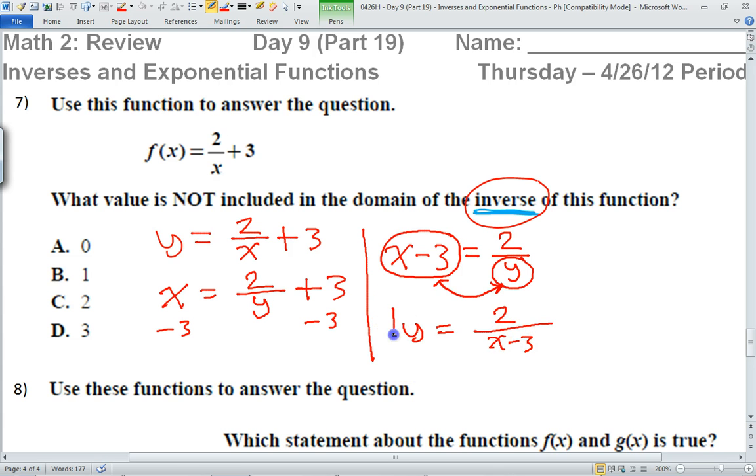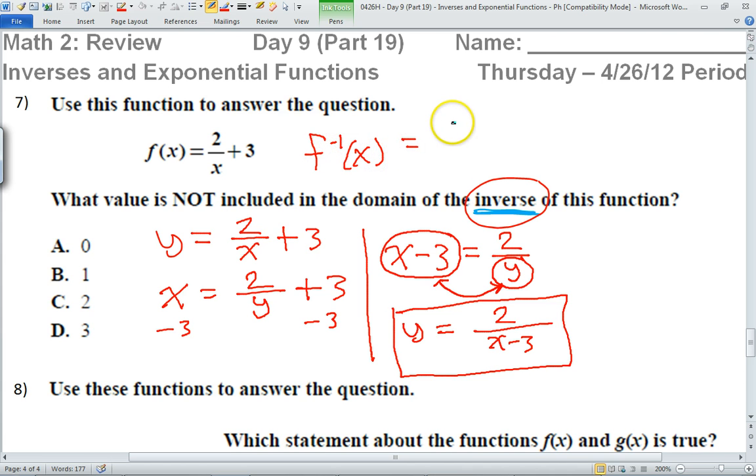So guess what? This is the inverse function. In fact, I could write f inverse equals 2 over x minus 3. Now it's time to state the domain restrictions.